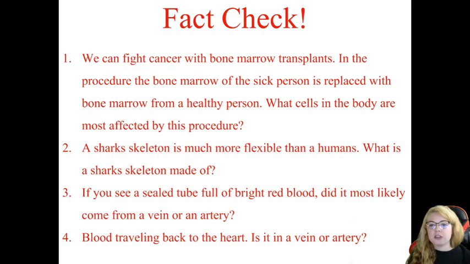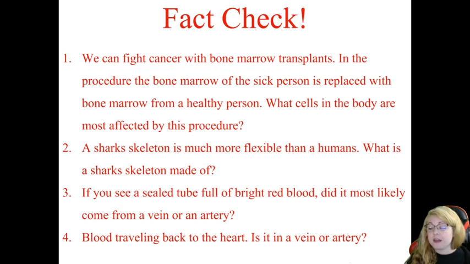Number 2, a shark's skeleton is more flexible than a human skeleton. What is the shark's skeleton most likely made of? That's cartilage. Remember, we talked about how we have bone and cartilage is going to be more flexible. So if this is a flexible skeleton, it's likely cartilage. Number 3, if you see a sealed tube full of bright red blood, did it most likely come from a vein or an artery?